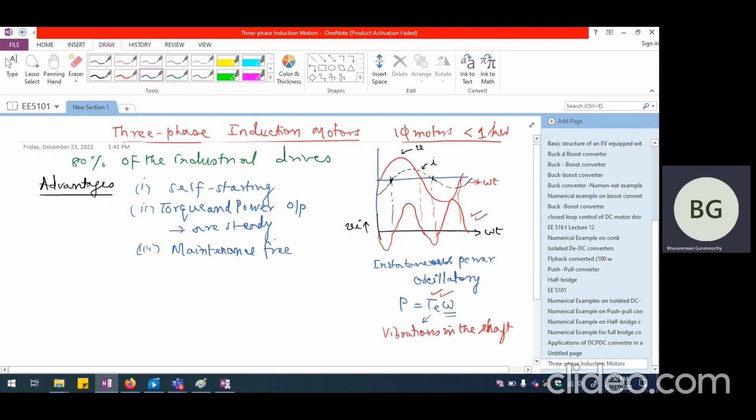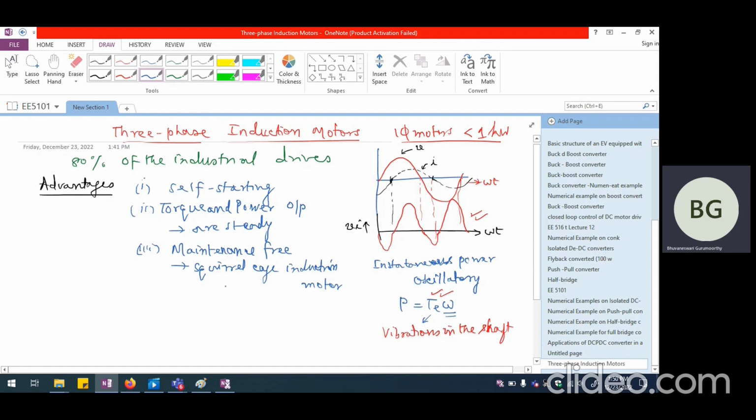Those are maintenance free as compared to DC motor as well as synchronous motor. So we are talking specifically about squirrel cage induction motor. So this is used in many of the applications like many industrial drives, traction drives for suburban train system.